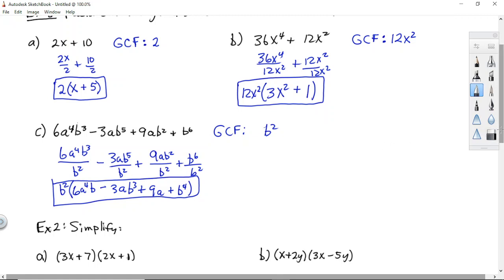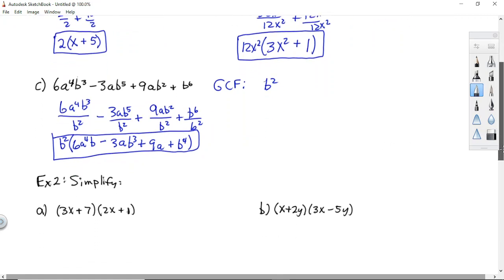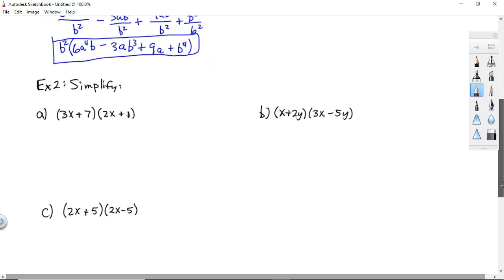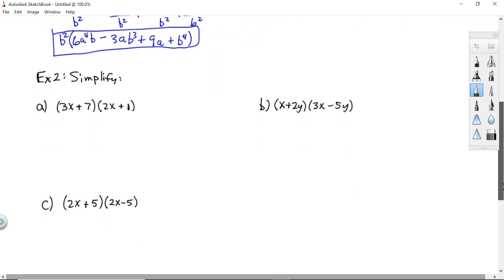So that's all of the factoring of greatest common factor we're going to look at. Now we're going to look at FOIL, first, outer, inner, and last, multiplying these binomials. When I learned this way back in the day, we didn't use this acronym FOIL.